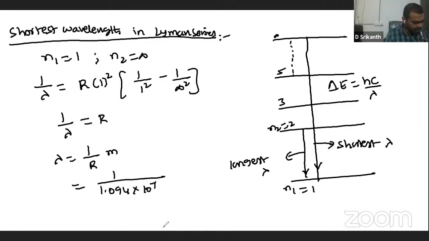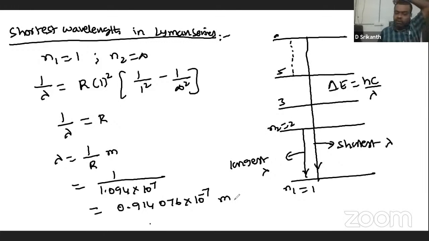Find the value of 1 by R, that is 1.094 inverse, which is 0.914076 into 10 power minus 7 meters. Multiply and divide by 1000 so that we get 914.076 angstrom units. Remember this 1 by R value; we will get it many times.